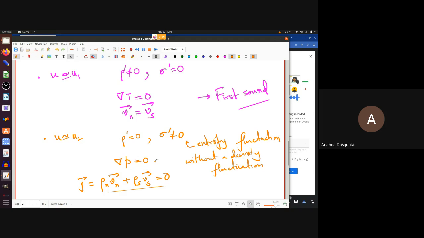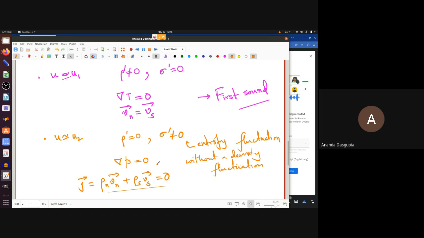And what happens on the other hand when normal fluid and superfluid travel in opposite directions? Superfluid carries no entropy with it, but normal fluid carries entropy with it. That is why entropy fluctuates. So here you have an entropy fluctuation, and as a result, a temperature gradient which is there in the system, but no density fluctuation.